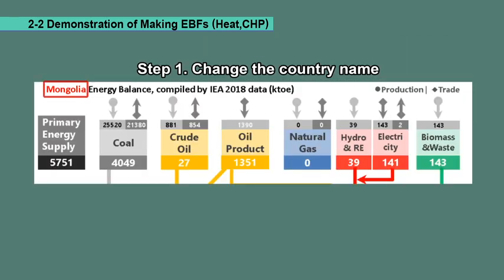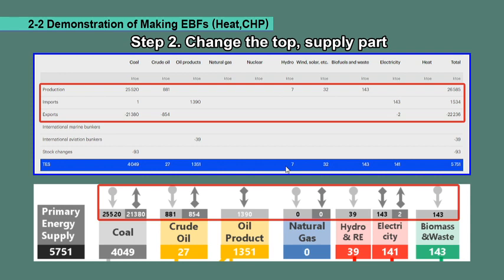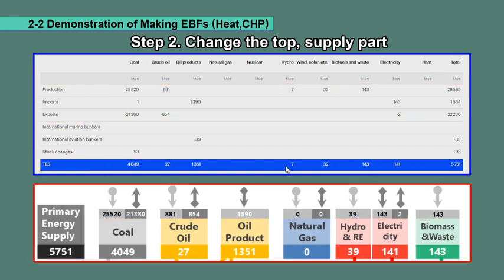First, change the top part, in addition to changing the country to Mongolia. Change the values of primary energy supply, such as the total values of respective energy sources. And change the values of production and trade. This is the figure after changing those values.